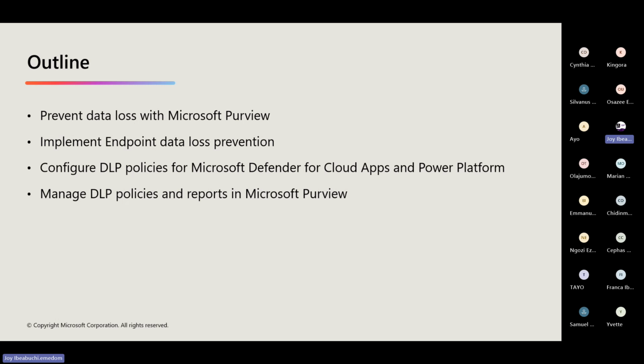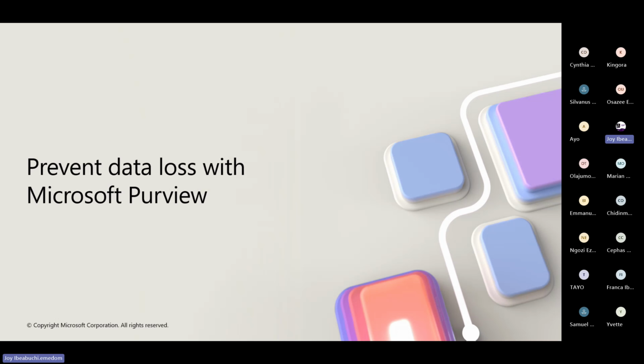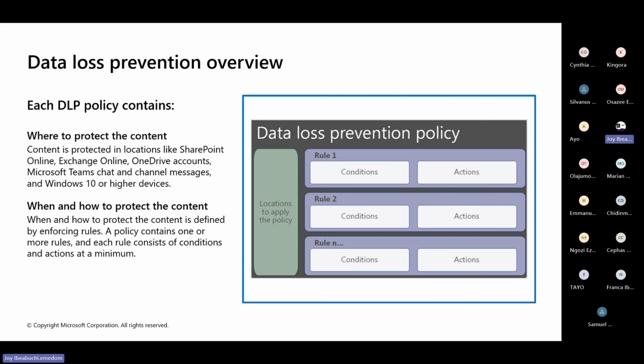We'll be extending that knowledge to how Microsoft Purview helps you prevent data loss, how your endpoints, your laptops, your devices, integrate with Purview to provide this extended protection, how Microsoft uses your DLP policy for cloud application management around places like third-party applications and Power Platform, and then the policy and reporting. So basically, this is what we'll be spending our time on today.